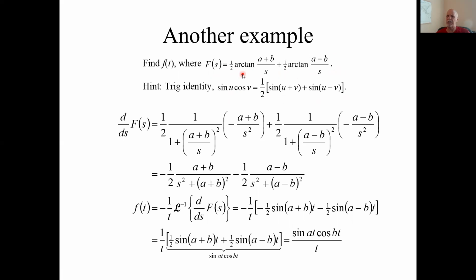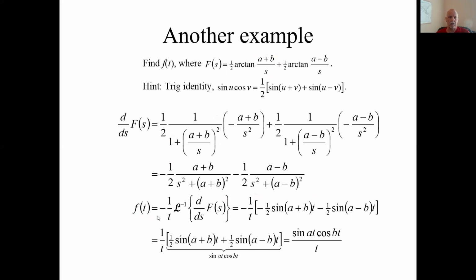The derivative of arctangent is 1 over 1 plus u squared, du ds. So here we have the 1/2, 1 over 1 plus this whole thing as u squared, times the derivative of that u with respect to s, which is this. And then do the same thing on this guy. Simplify it a bit by multiplying through to get this.